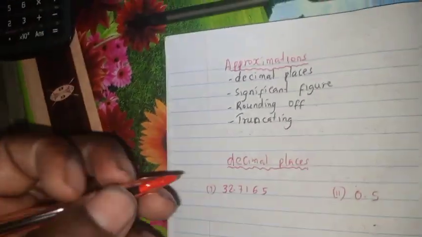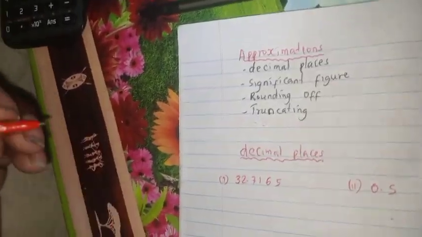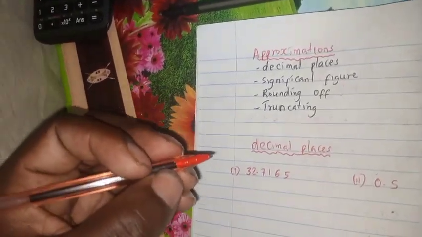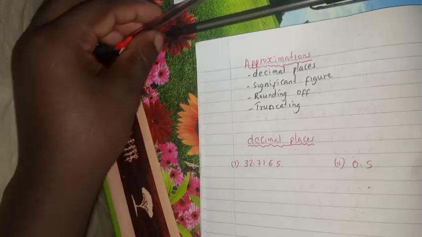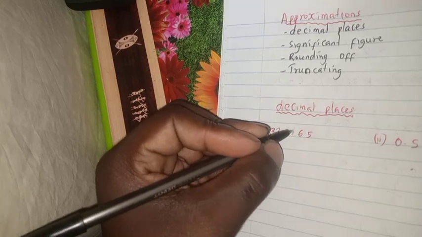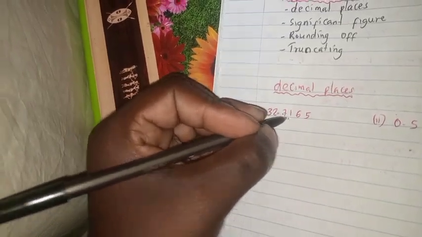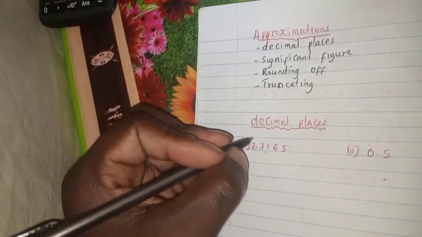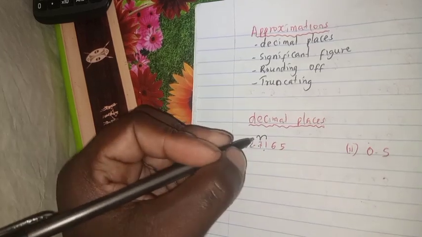Now with this one, if you are asked to write to different decimal places, let's say we're supposed to write this one in terms of 2 decimal places. Two decimal places simply means after the decimal you have 2 numbers, and for that case we're going to count 1, 2 from the decimal point.